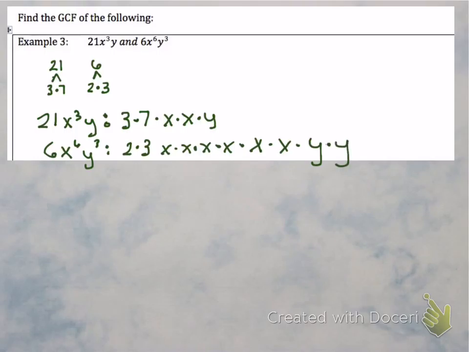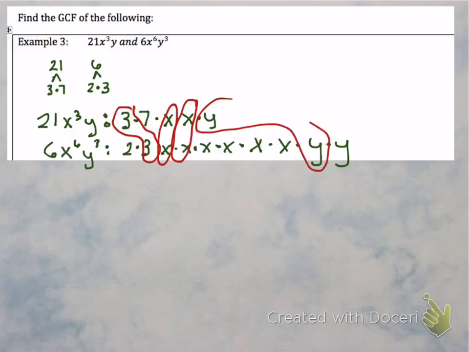And then for our greatest common factor, we want to look at what do they have in common, and they have a factor of 3 in common. They have 2 factors of x in common and a factor of y in common. And so their GCF will be made up of 3 times x times x times y.